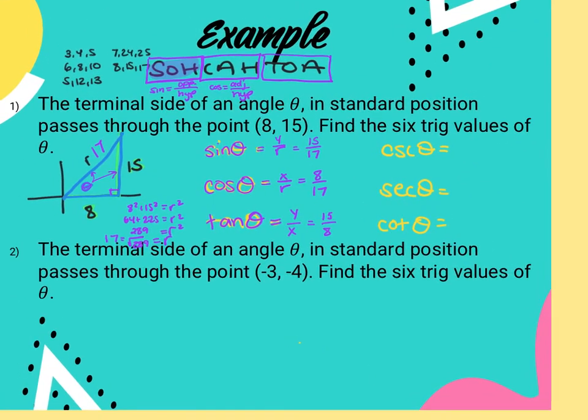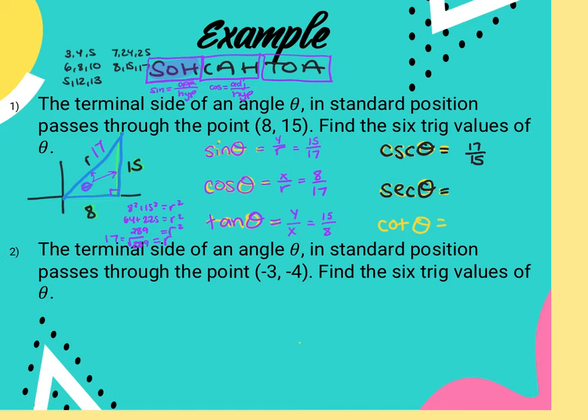Now we go to the next ones, which are the reciprocal functions. So cosecant is the reciprocal of sine, which means literally take sine and flip it. So it means 17 over 15. Yep. So it's r over y, or h over o. Secant would be what?